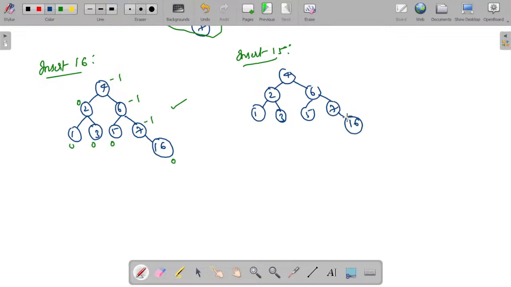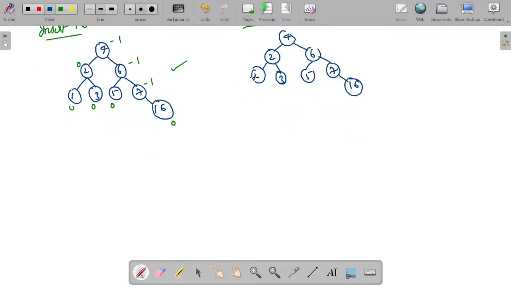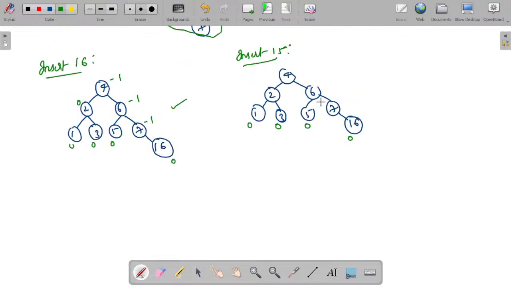Now we should compute the balance factors for this tree. So 0 for leaf nodes obviously. Oh, I did not insert 15 yet, my apologies. Let me insert 15 first. So I have to insert 15. 15 will go here.